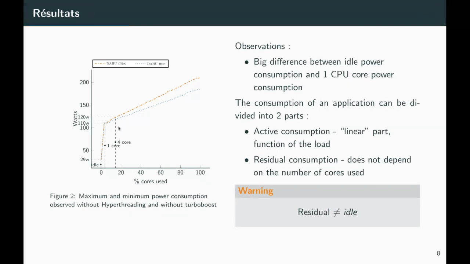So here we are separating the part going from 0 to 1, where the CPU wakes up, and then it's quite linear from 1 to all the cores being loaded. This is how a simple server generates energy load depending on the activity.